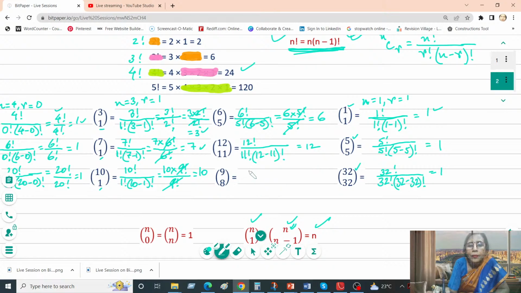And this one, 9C8: 9 factorial over 8 factorial times 9 minus 8 factorial. The numerator can be written as 9 times 8 factorial, over 8 factorial. So the ultimate answer is 9. So this is the case of nC(n minus 1), where the r value is just one number less than the n value.